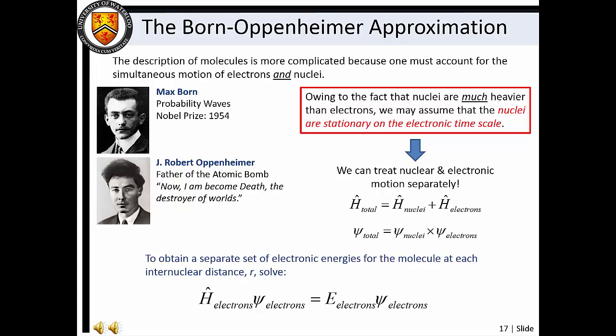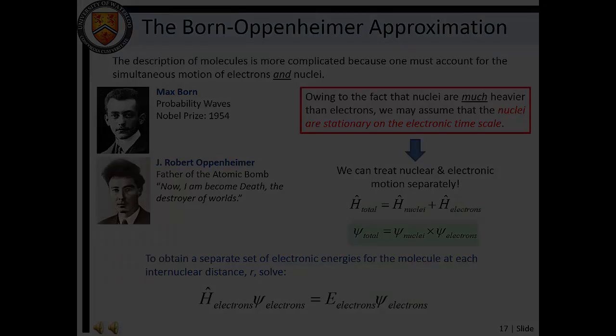Notice that the total energy of the molecule then becomes the sum of the nuclear and electronic energies, but that the total wave function is the product of the electronic and nuclear wave functions. It is easy to see why the total wave function must be a product of the electronic and nuclear wave functions if we remember that these functions describe probability waves and that probabilities multiply.